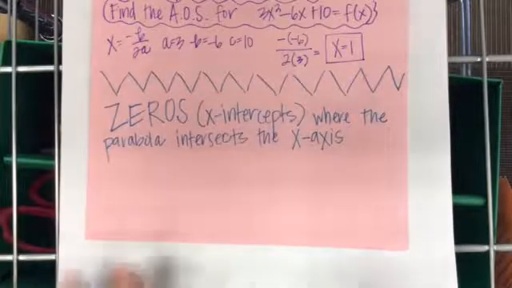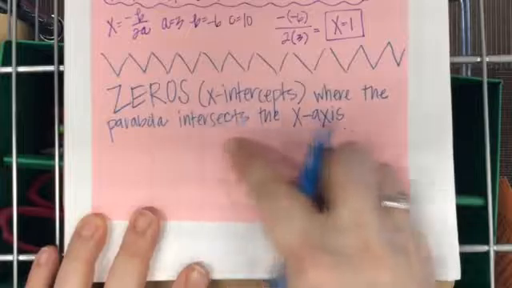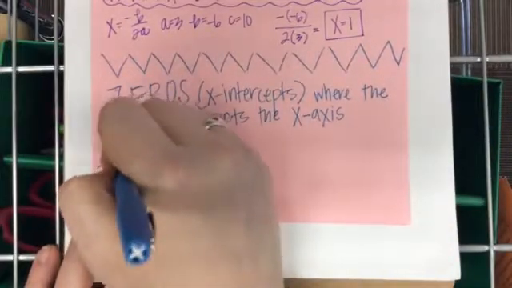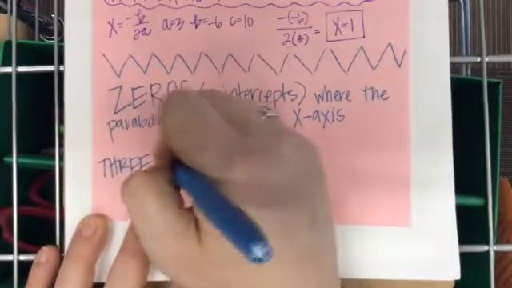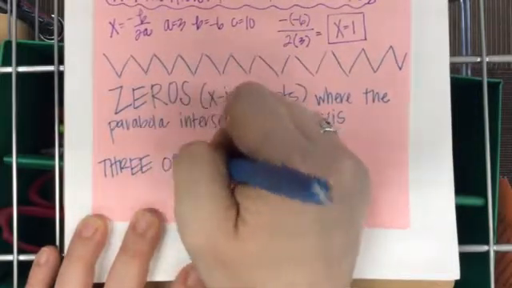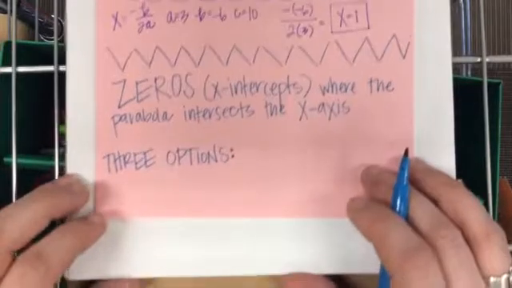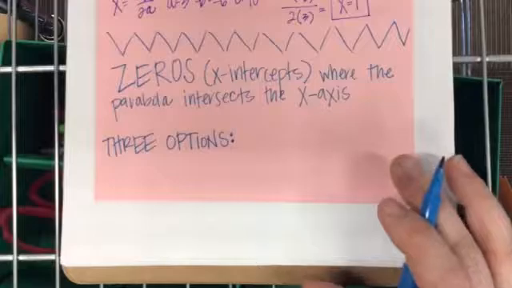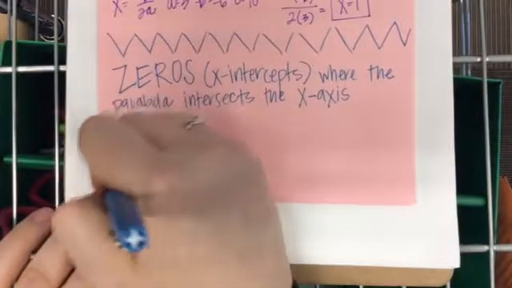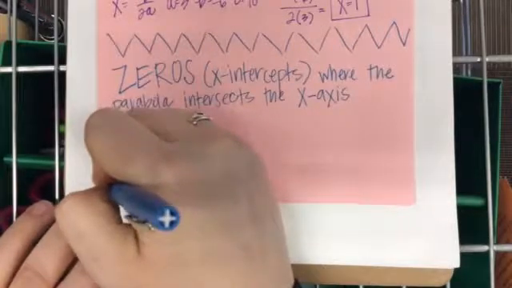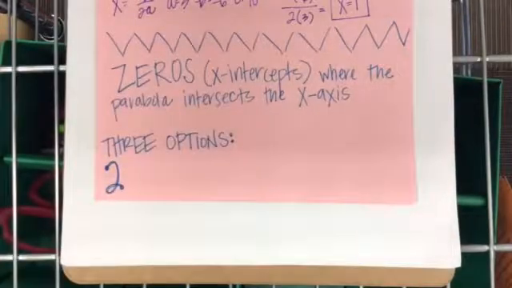There are 3 options, so skip a little space, because we're going to write one more sentence underneath here. A parabola can have 3 types of zeros. A parabola can have 2 zeros.